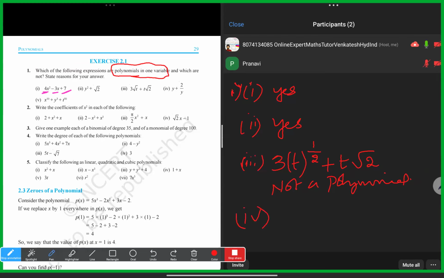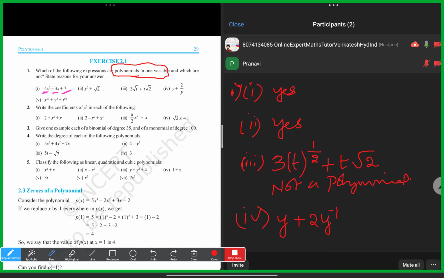Then the fourth one also: the first term is y power 1, and the second term we can write as 2y power minus 1. The first term has y power 1 only, and the entire question has one variable y only. Yes? No? But 2 by y means actually 2 into y power minus 1. Yes, sir. So it's not a polynomial.